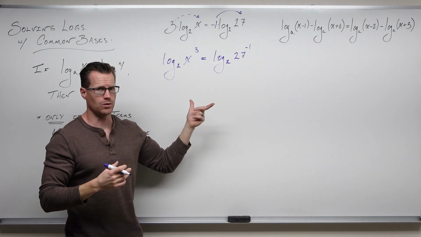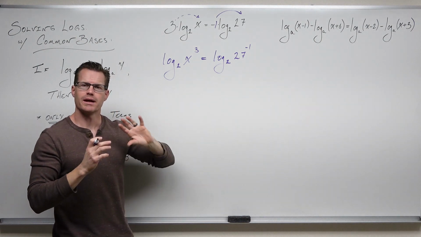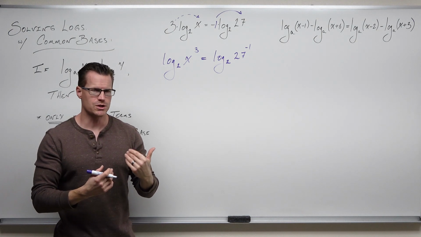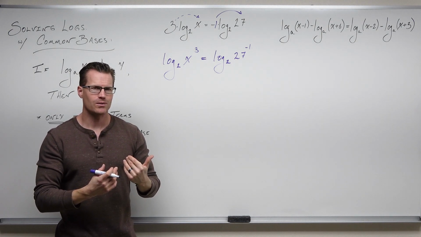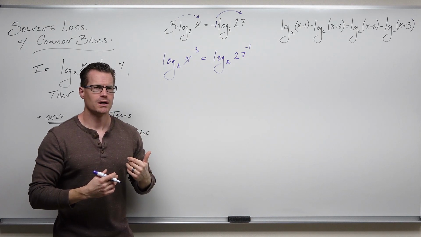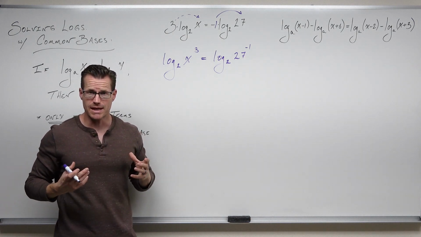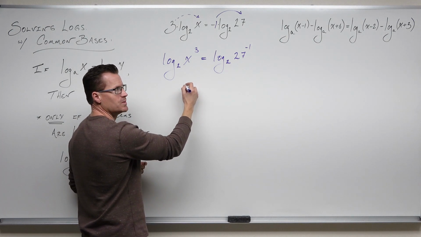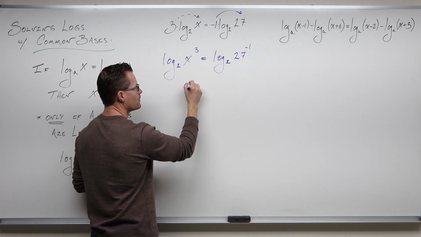If these are going to be equal, it can only be the case that our insides, our arguments are also equal. So there's not really much work to show here. We don't have to cross anything out. We just need to understand that the only way this actually happens, much like a common basis in exponentials, is if x cubed equals 27 to the -1 power.